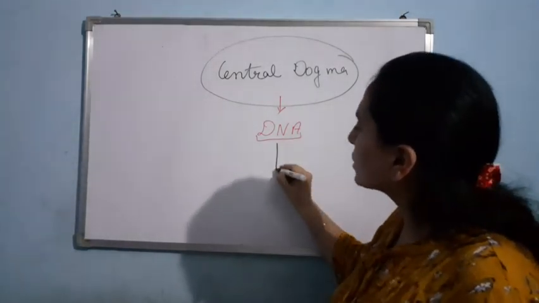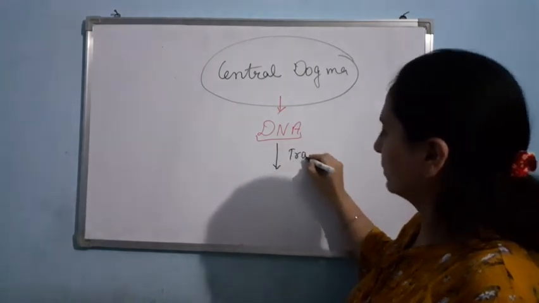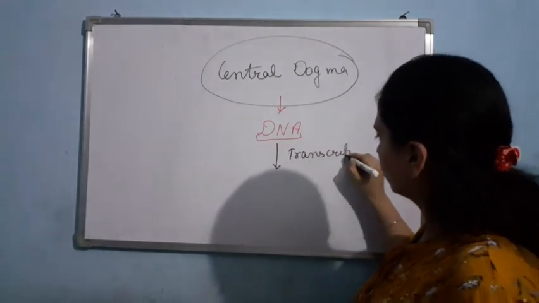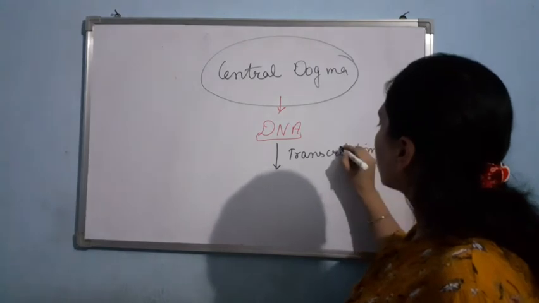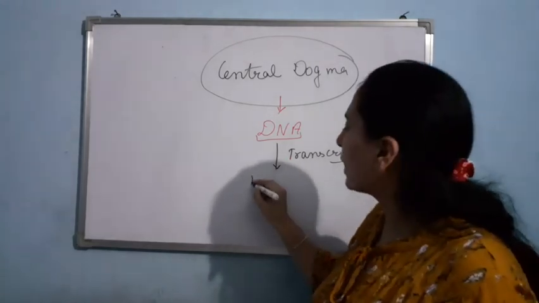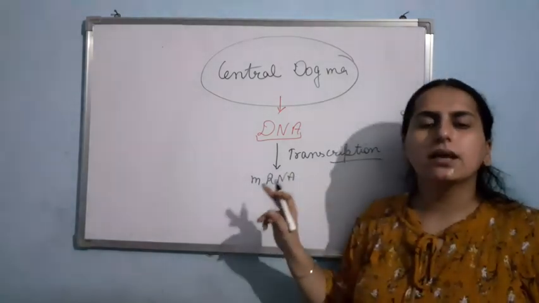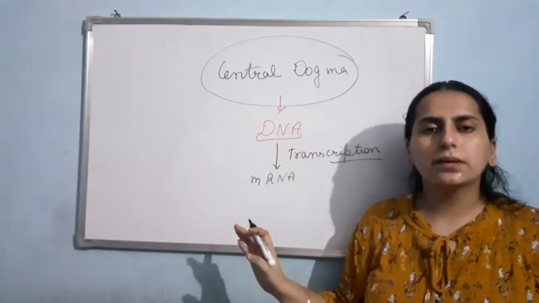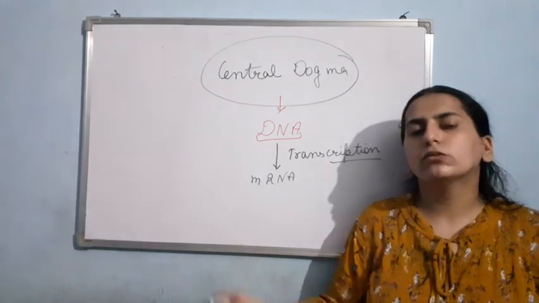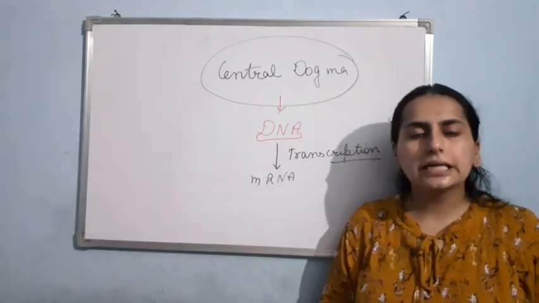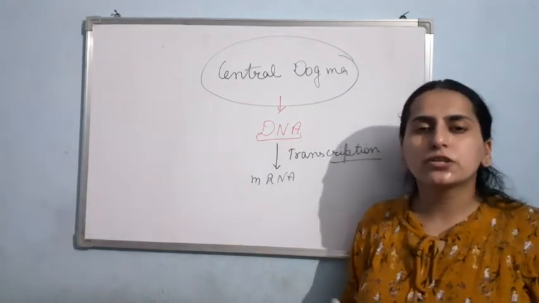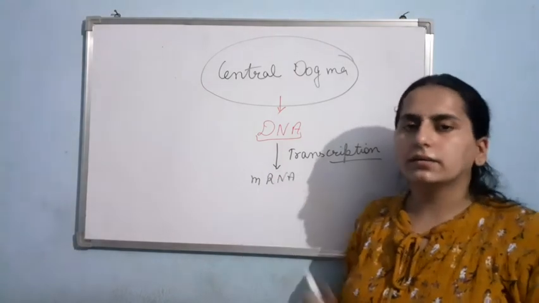Firstly, there is the process of transcription, and by the process of transcription there is formation of mRNA, that is messenger RNA. So the first step that leads to the formation of proteins is transcription, that is formation of mRNA from the DNA.